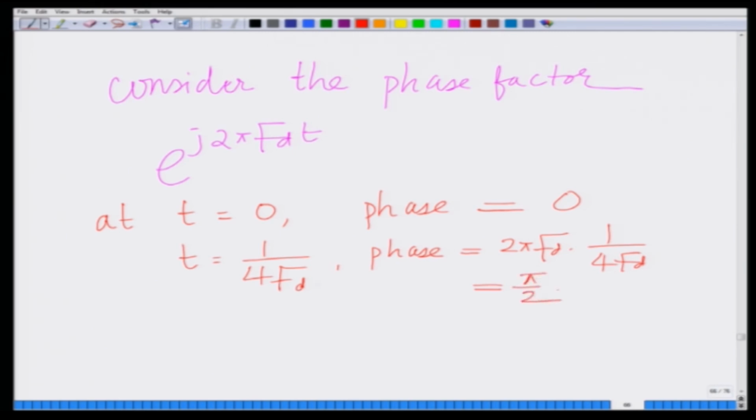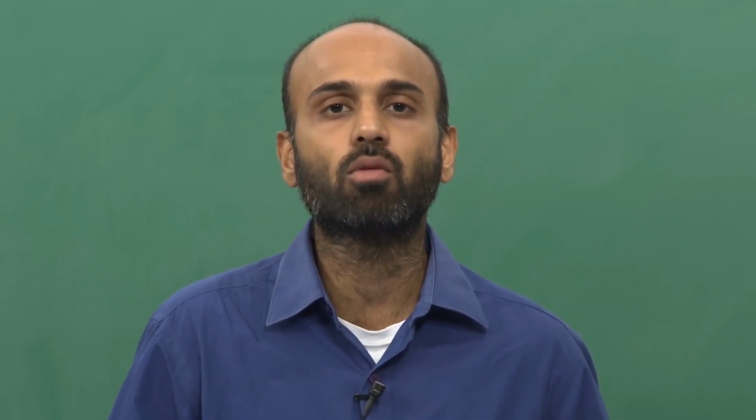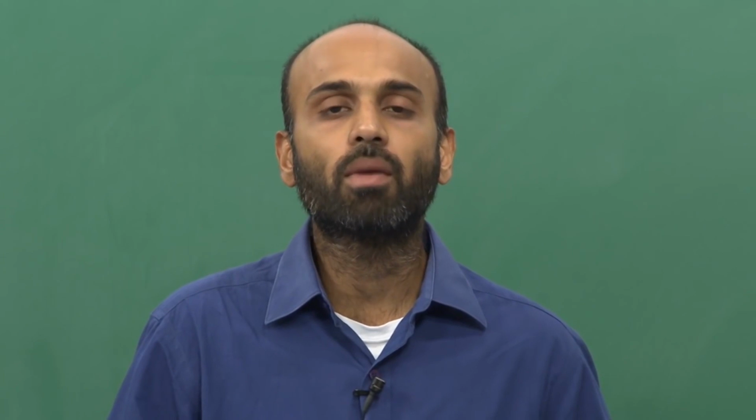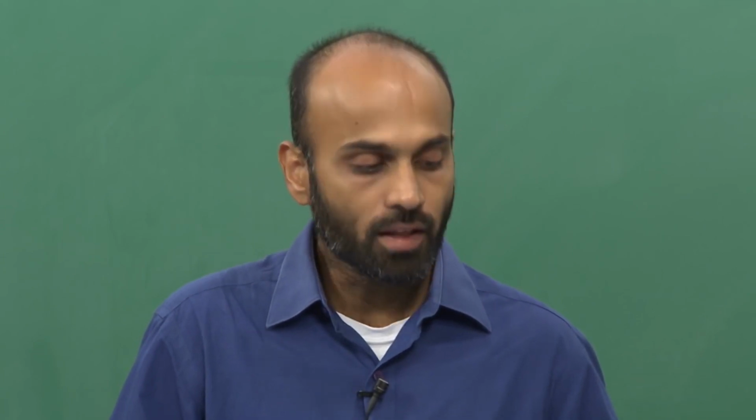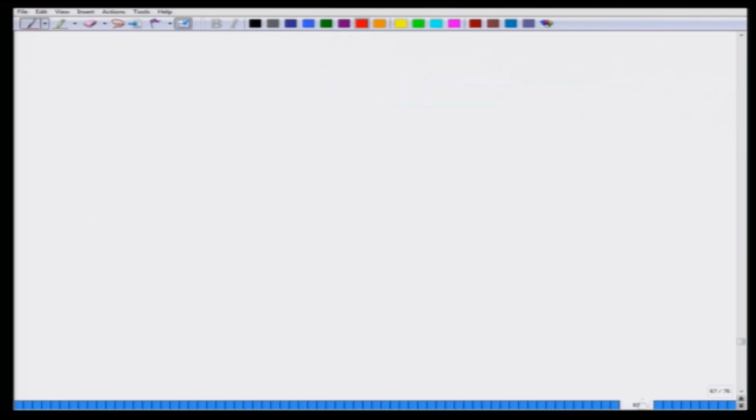So, therefore, the phase has changed significantly from t equal to 0 to t equal to 1 by 4 f d. Therefore, we can consider that this channel coefficient has changed significantly from t equals 0 to t equals 1 by 4 f d. Therefore, we can say that the channel has changed.